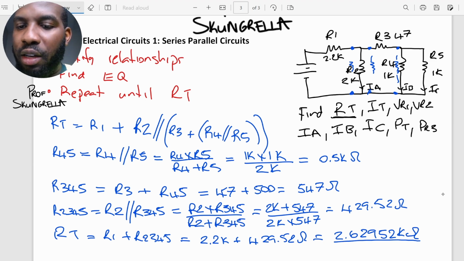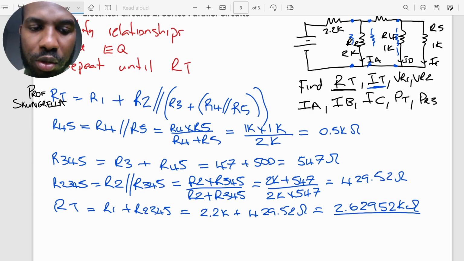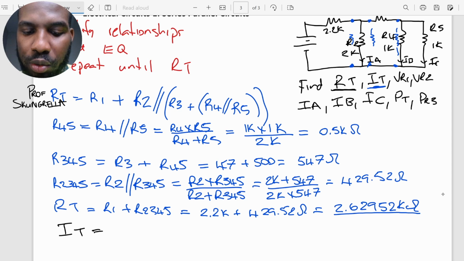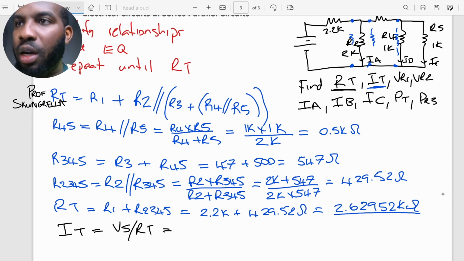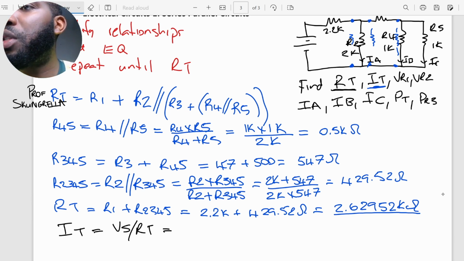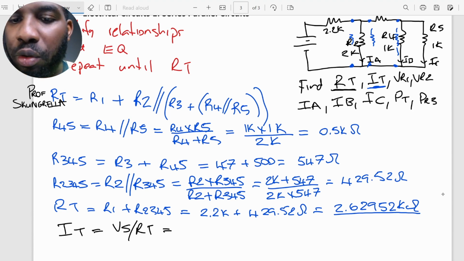And now we can go ahead and find our total current using Ohm's law. The total current IT will be equal to Vs over RT, and again, I did not put the total voltage here, but the total voltage is going to be equal to 25 volts.